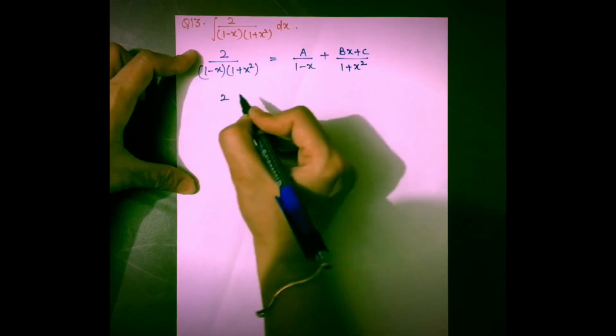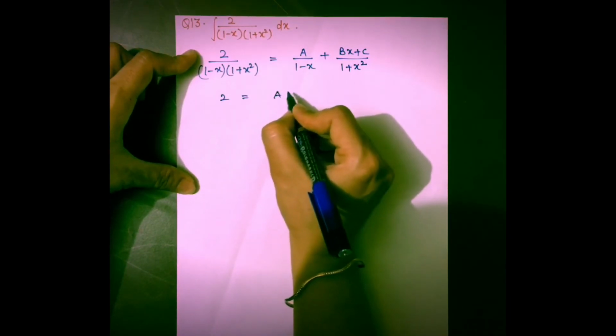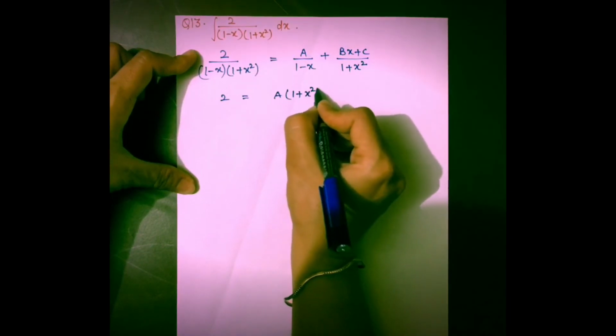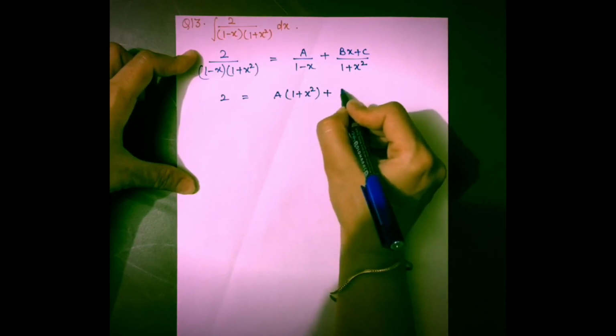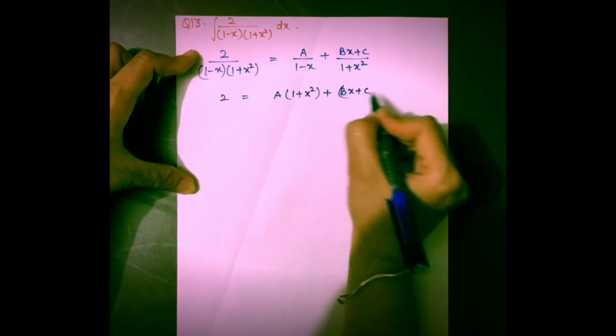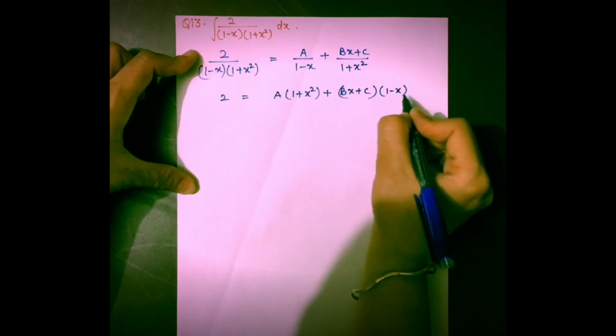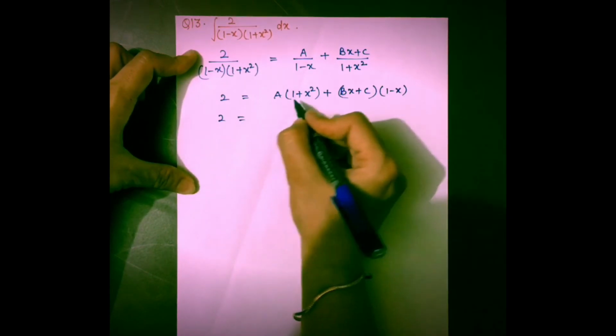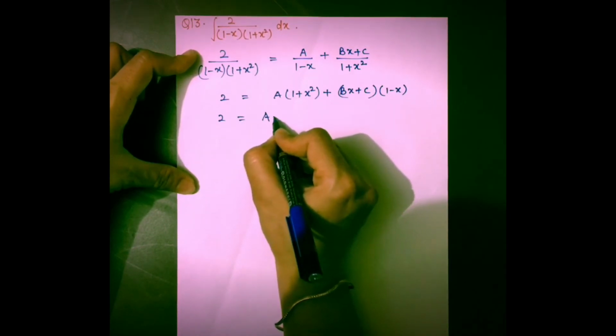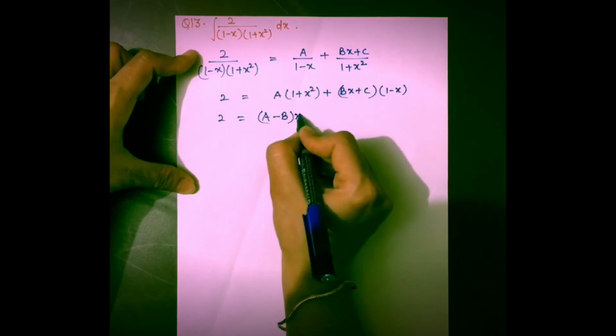Further solve a into 1 plus x square. We get it by cross multiply bx plus c into 1 minus x. Write it in polynomial form a minus b into x square.